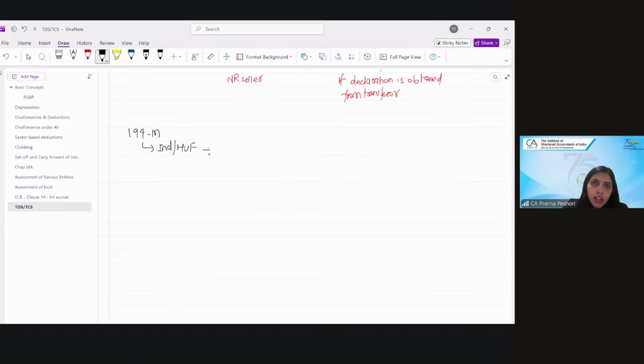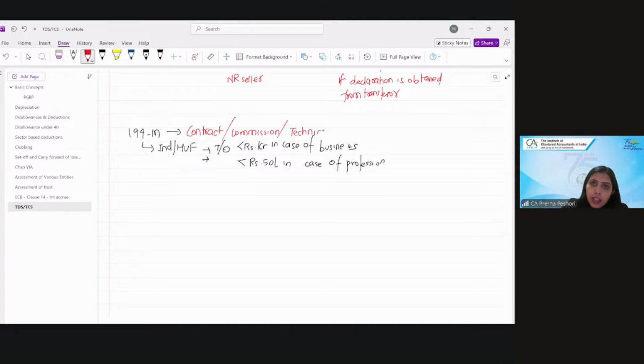where the turnover is less than rupees 1 crore in case of business or less than rupees 50 lakh in case of profession, then in case of contract, commission and technical services, right?